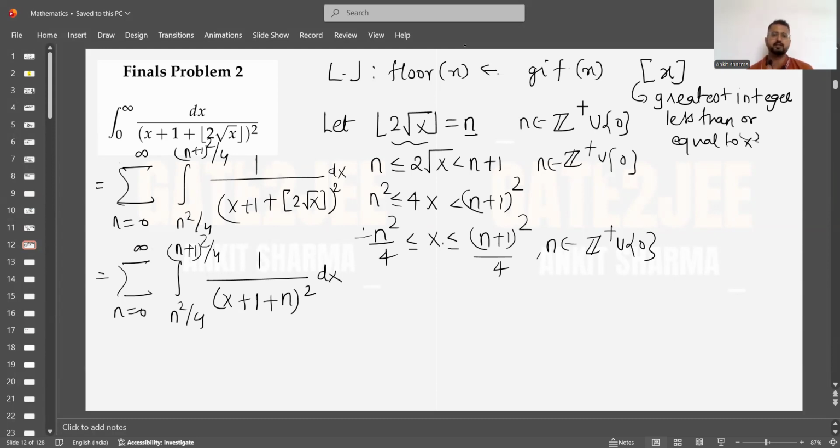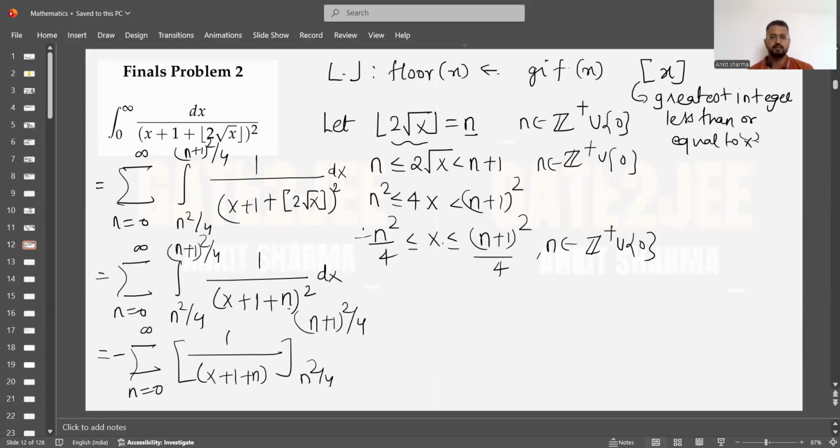We have taken the same thing. And now if you see this, it's simply a linear term. So I could write the sum from n equal to 0 to infinity, and this integration would simply be minus of 1 over x plus 1 plus n, with the limits n squared over 4 to n plus 1 squared over 4.